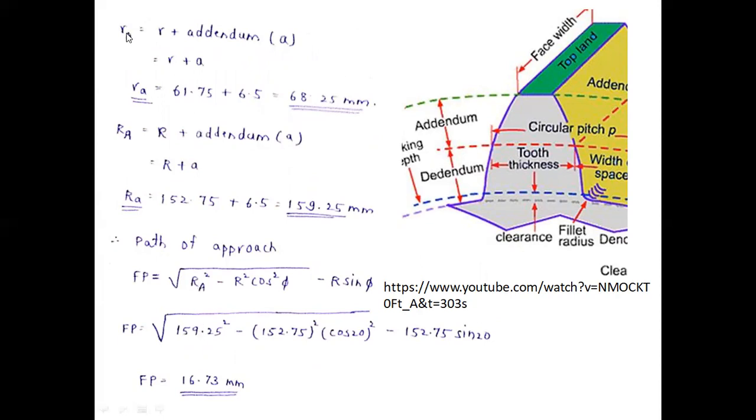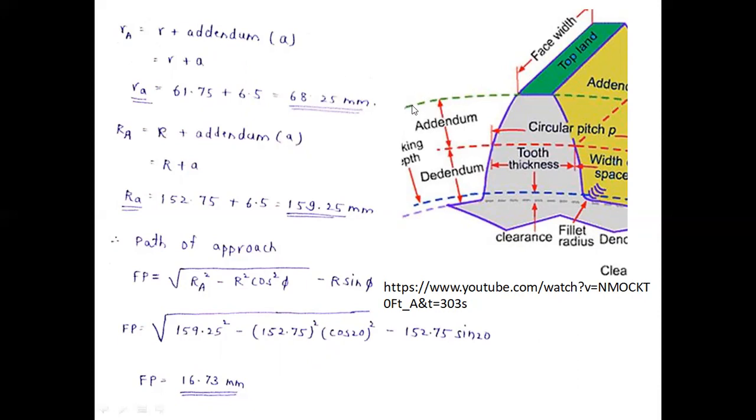Now in the formula we require capital RA and small ra. Small ra is the addendum circle radius of the pinion. This A is for the addendum circle and small r is for the pinion. So ra is equal to r, the pitch circle radius, plus the addendum. The addendum is the distance measured along a radius from the pitch circle up to the addendum circle.